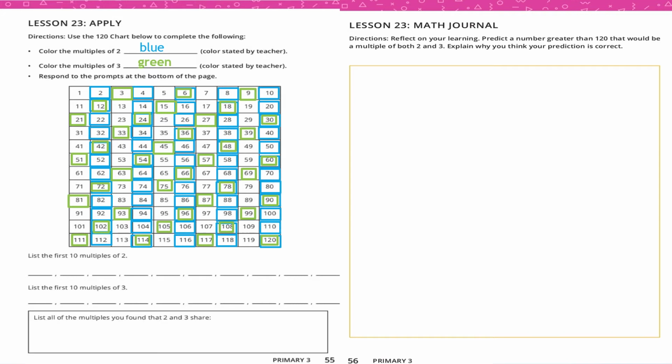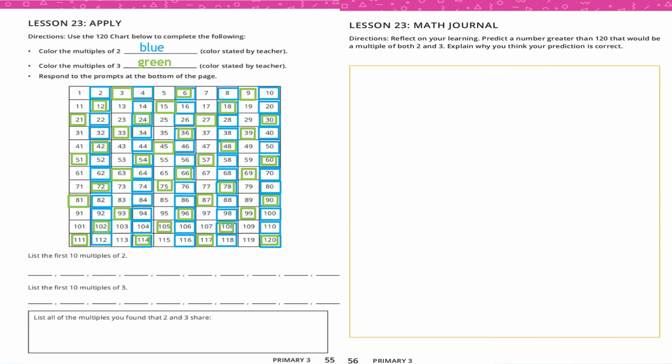Color the multiples of 3 in green. We said that for multiples of 3, the sum of their digits must be a product in table 3. Like what? 3 is a product of table 3 because 3 times 1 is 3.